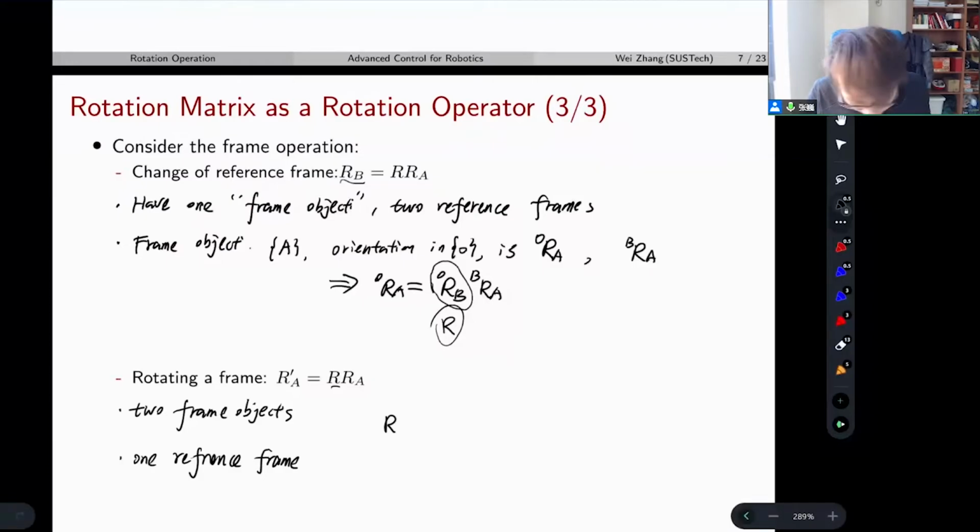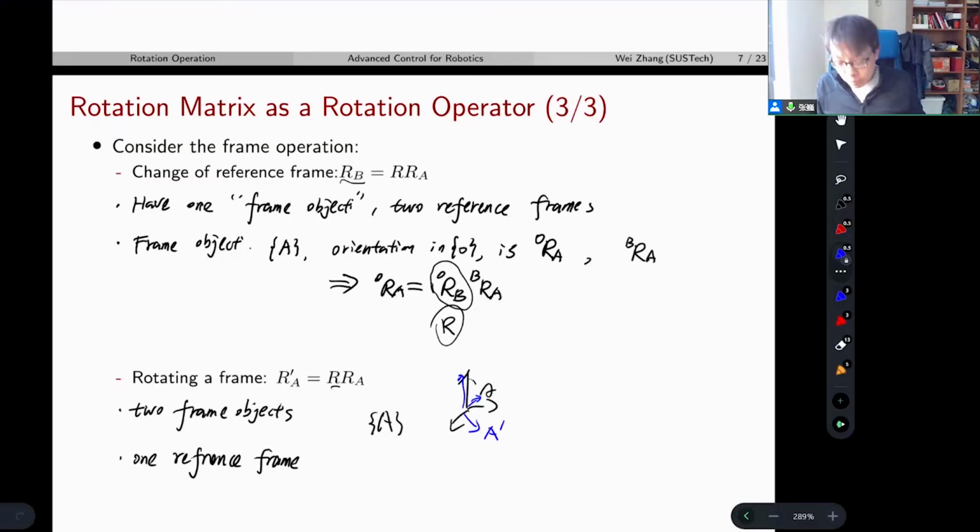What we have is a frame A. If I rotate about a certain axis, I will get another frame, which will be my A prime.